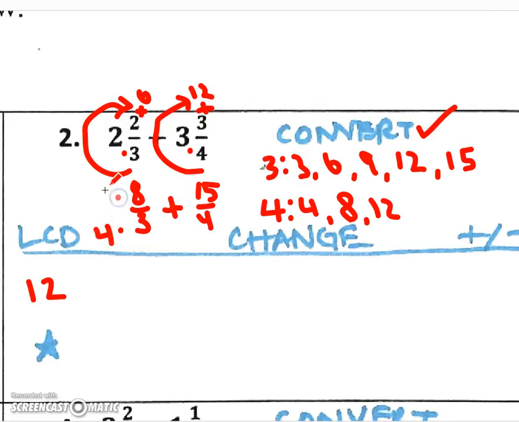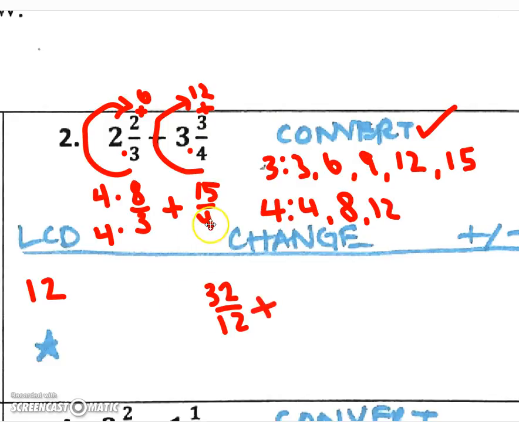Whatever I do to the bottom, I do to the top. Well, 3 times 4 is 12. I'm going to put the new fraction down here. And 8 times 4, well, that's 32. So, I've now converted this denominator and numerator out of 12.